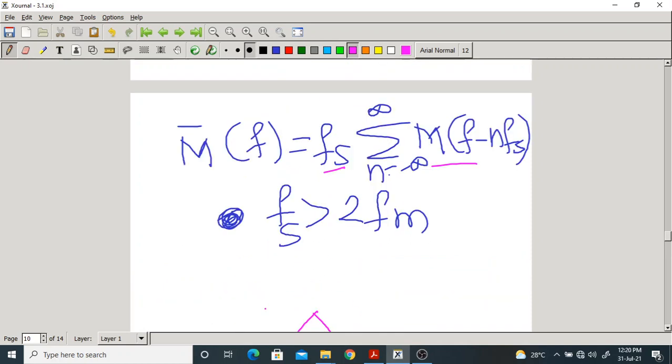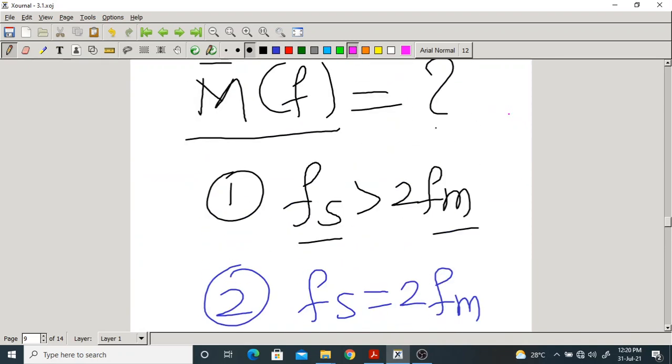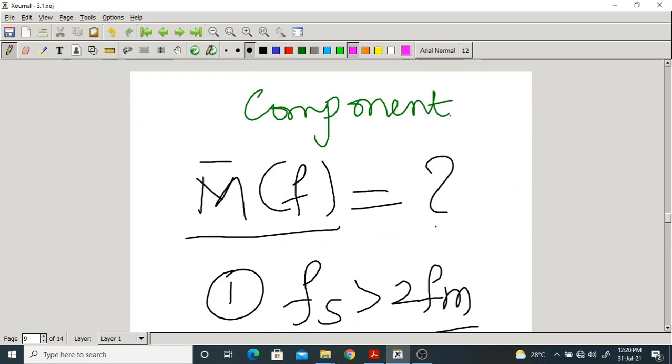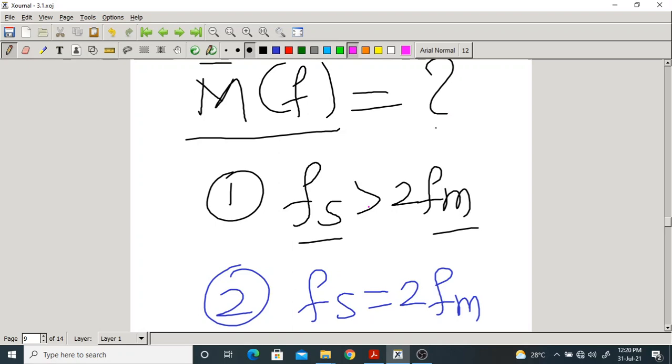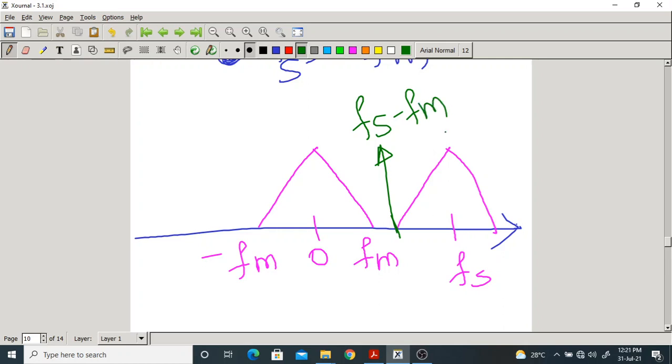For n equal to 1, Fs is there, don't forget. If n equal to 1, you get M of f minus Fs, which means this is shifted towards the right side by Fs. If Fs is more than 2fm, then you get one more copy here. What is this point? Obviously this point would be Fs minus Fm.